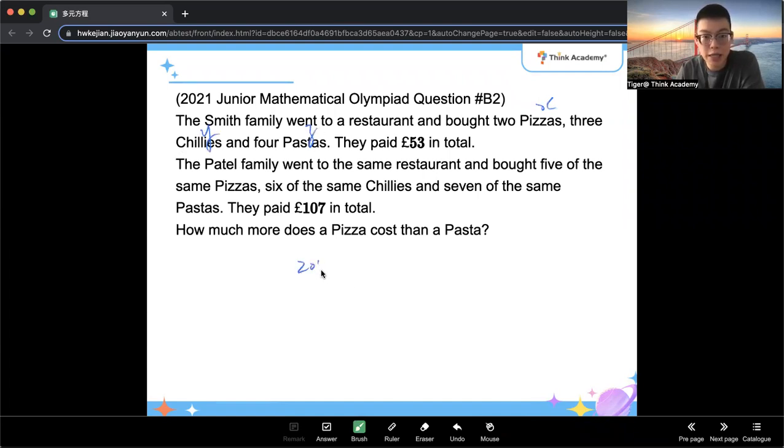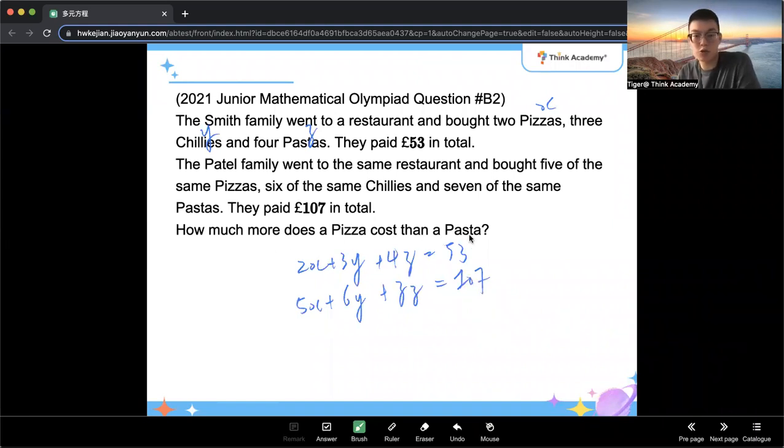It means that 2x adding 3y adding 4z is 53. And then the second one, 5x adding 6y adding 7z is equal to 107. So how much more does a pizza cost than a pasta? So we are looking for x take away z.